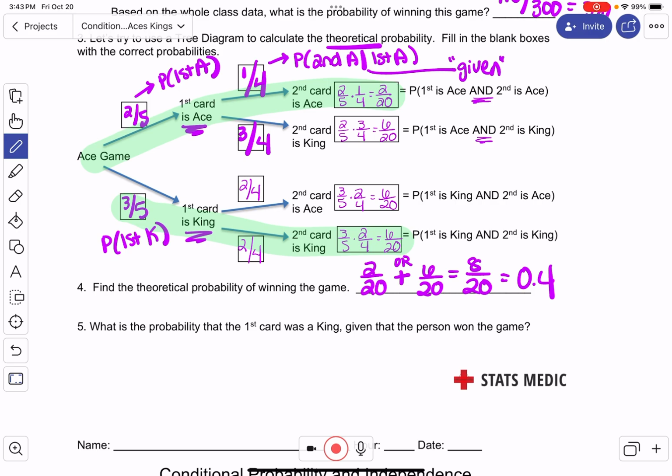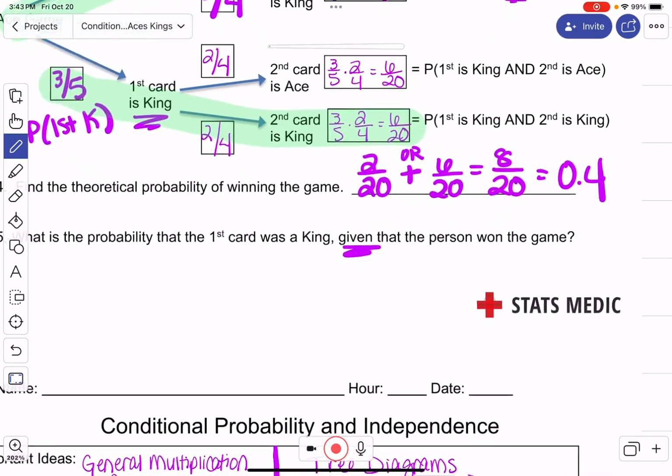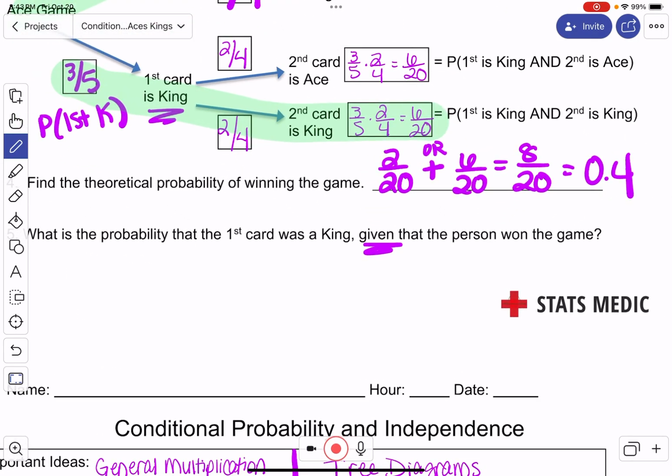Okay, so what is the probability the first card was a king given that the person won the game? The way that we write this is the probability that the first one is a king given, that's what that bar means, they won the game. So what we do is we divide by the number of what we know, because it's not out of 100% anymore.